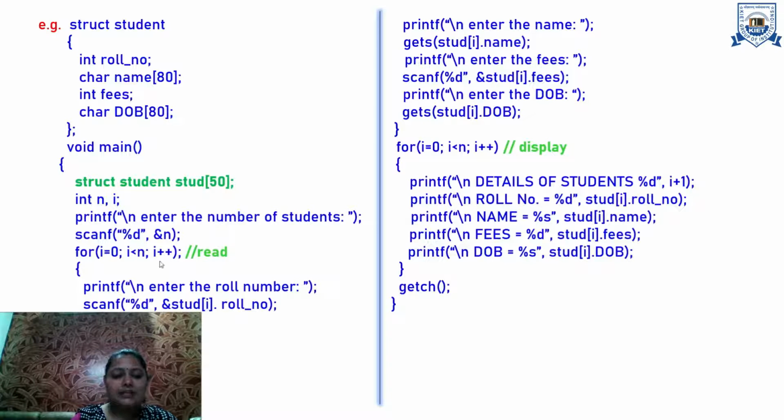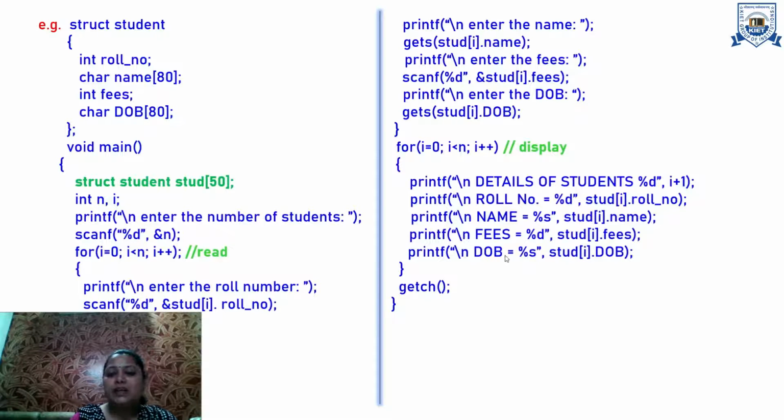As it starts from 0, the first student's information gets read: stud[i].rollnumber. Similarly dot name, dot fees and dot dob for the ith student. Whenever this loop iteration gets over, the value of i is incremented, and then for the next student you can read the roll number, name, fees and date of birth.